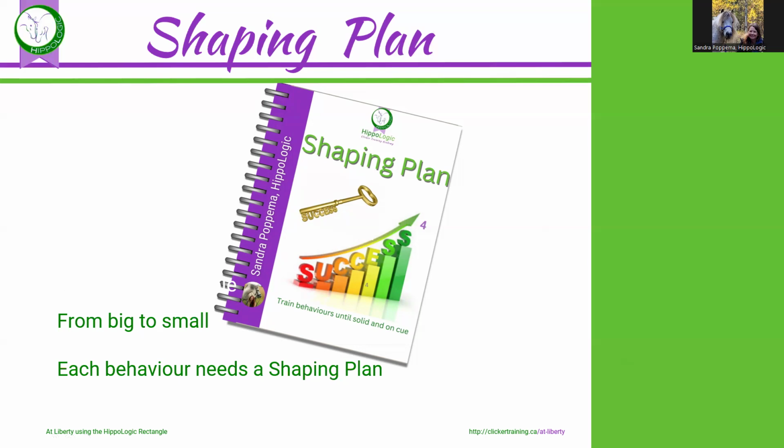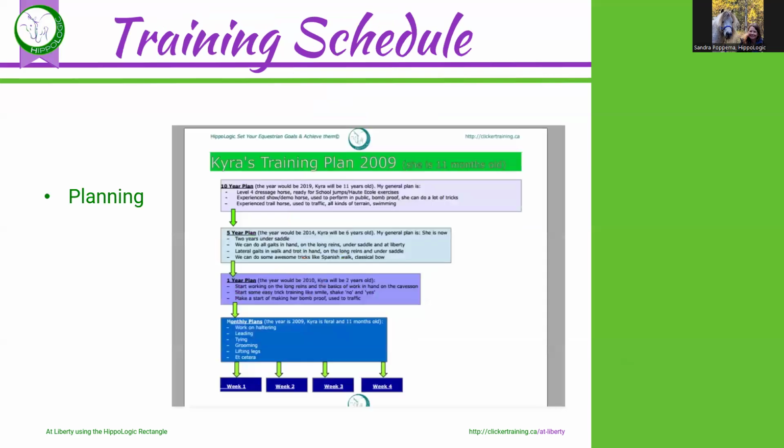Your goal is trailer loading, and then you divide it up into smaller steps. You have a performance to do. So what are the behaviors that you want to train your horse to do? The cues and everything will be in your shaping plan. And we can do this together in the HippoLogic Academy.